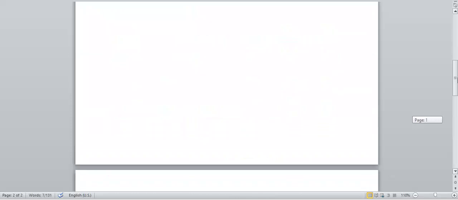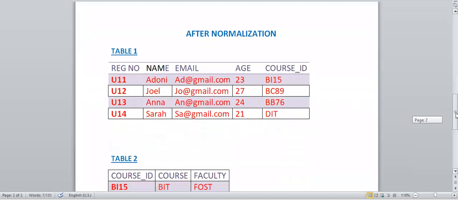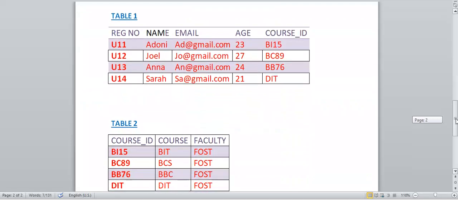But then we move down, we divided this table into 2. So we were supposed to have three columns, maybe 3 or 2. But now when you look at these tables, you realize that the total columns of these tables, when you combine, are more than 6 columns. What we did, we added another column, which is called the ID.